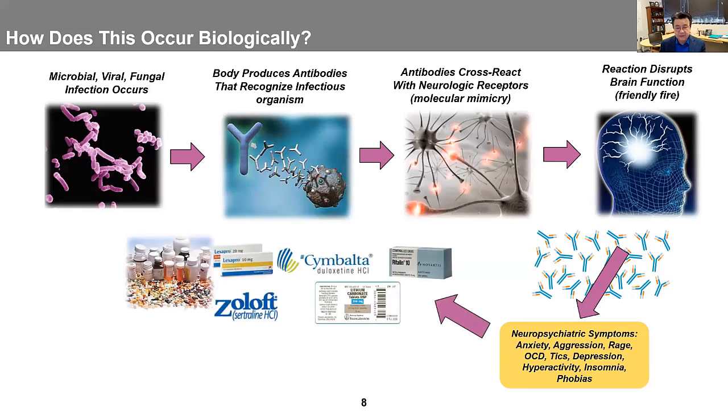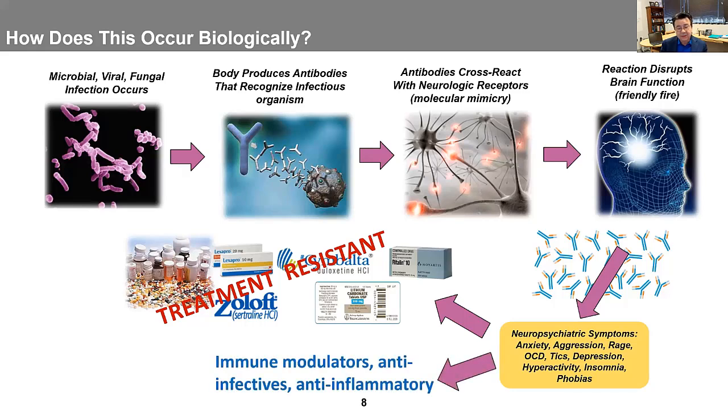Patients placed on symptomatic treatments are generally treatment resistant, and often they actually get worse. Whereas when patients are placed on immune modulators, anti-infectives, and anti-inflammatory agents, we can see some remarkable recoveries. We'll talk more about this in some of the case studies.